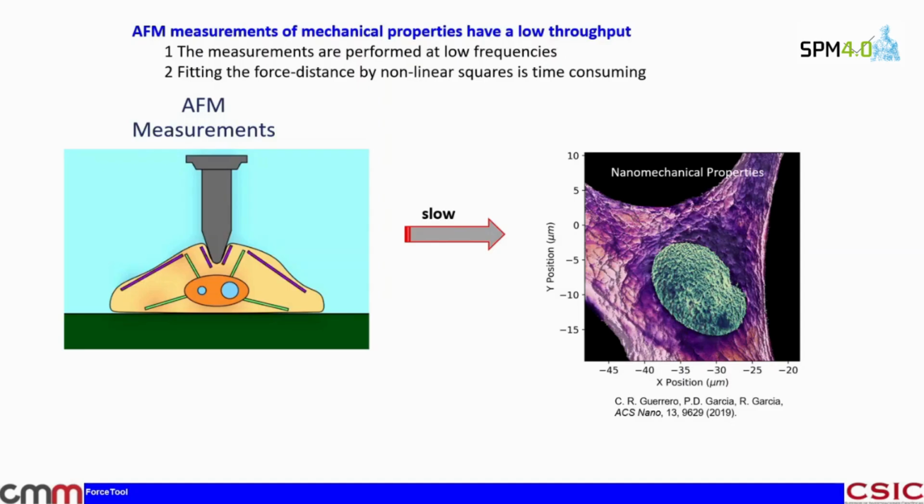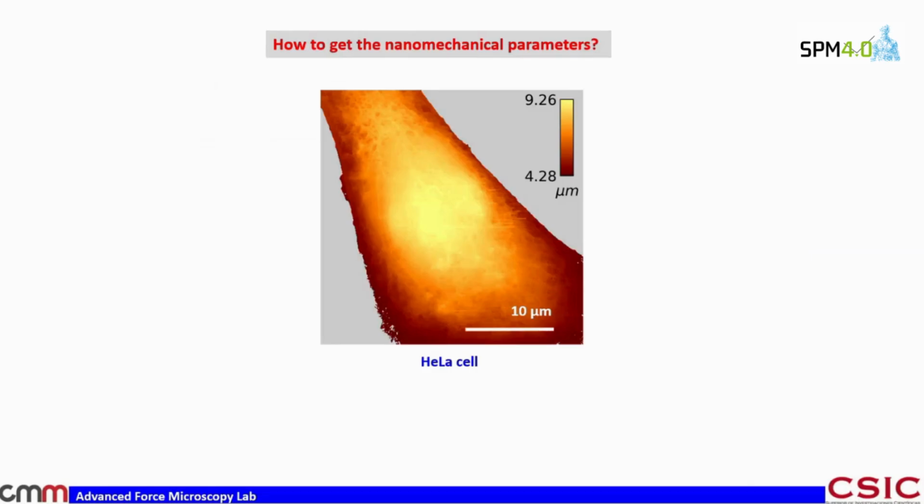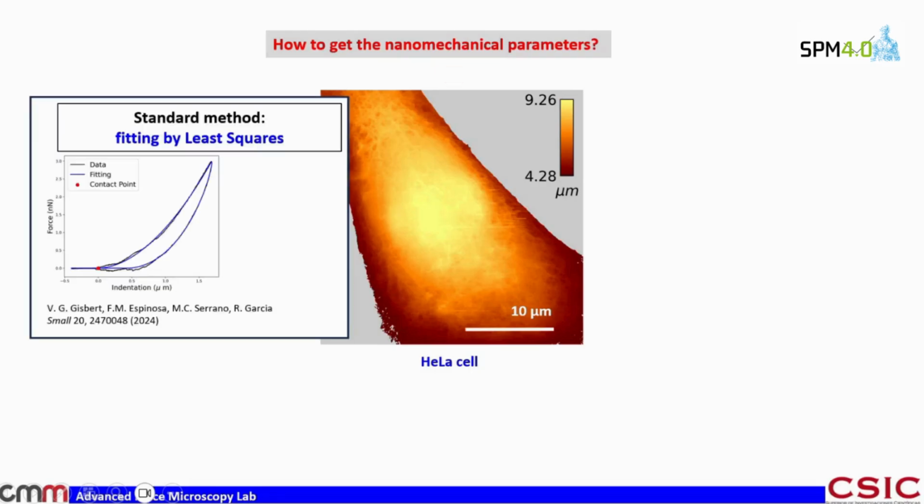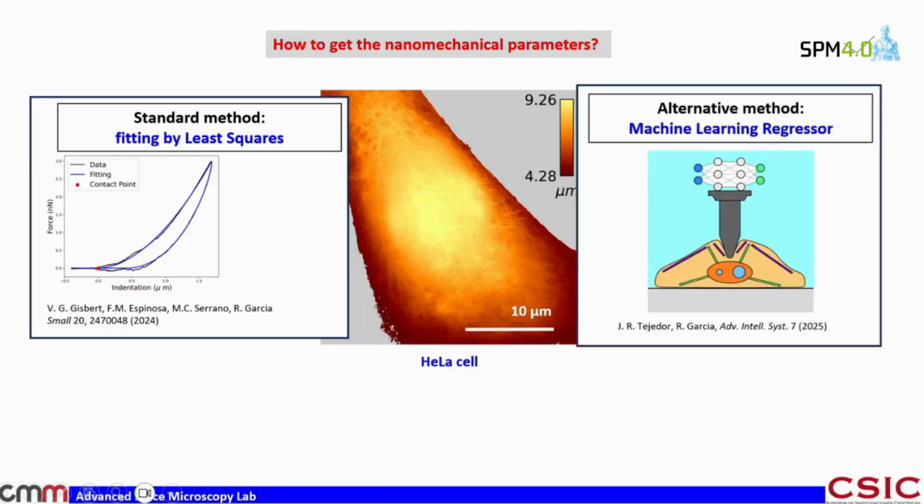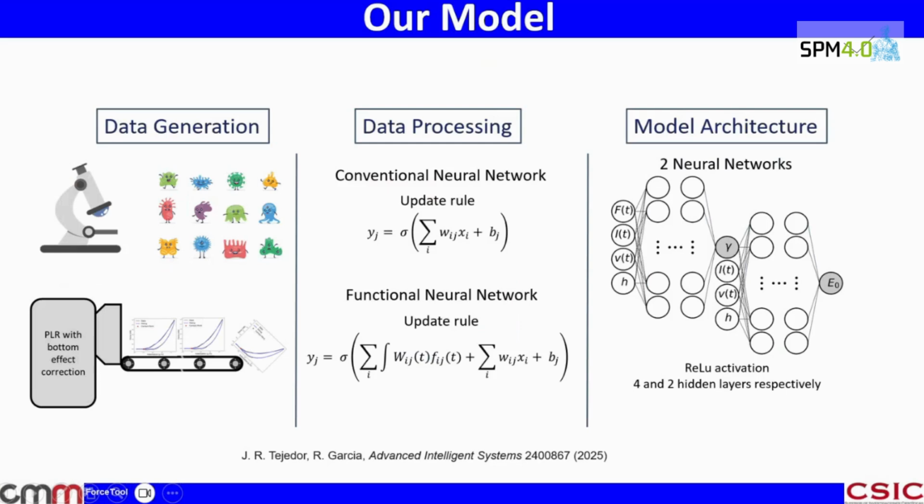This is impossible, unfeasible. So that's where we developed a process to really process force-distance curves by using machine learning. As I said, least square fitting works very well, but is very slow. And machine learning works very well, and is very fast. I will not describe what we did.